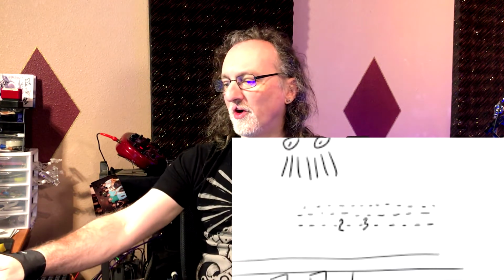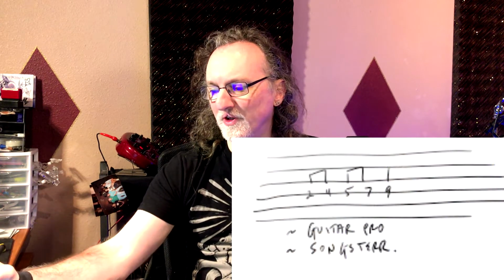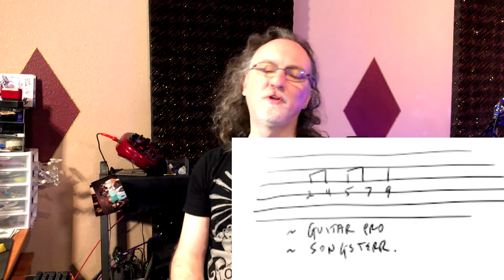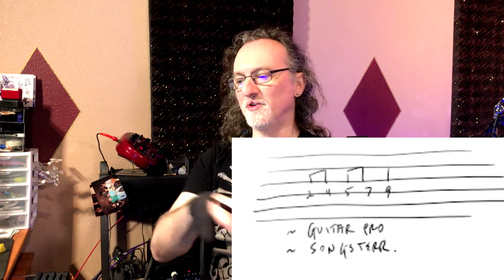Now, there are other things you can do with tab, so we're going to evolve this a bit. I often try to do this for students as soon as I can apprehend the rhythm for something. You don't have to just write what fret you're playing. You could write a phrase like this, and you can actually put rhythmic symbols borrowed from regular music notation on top of the tab.